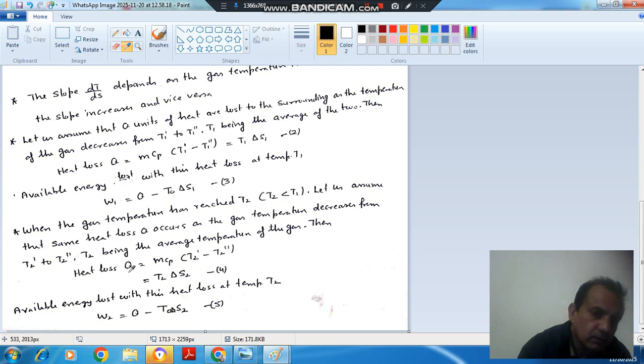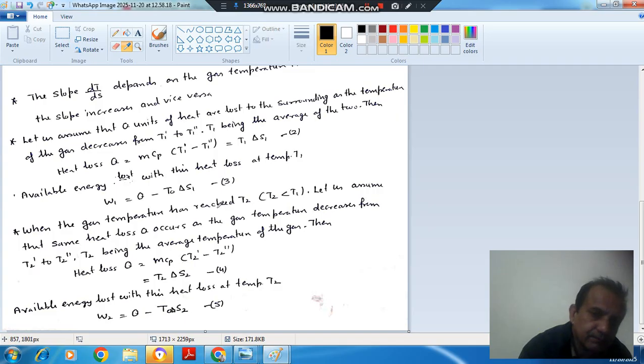The availability lost will be given by the same formula, replacing delta S1 by delta S2. So W2 is equal to Q minus T0 delta S2.